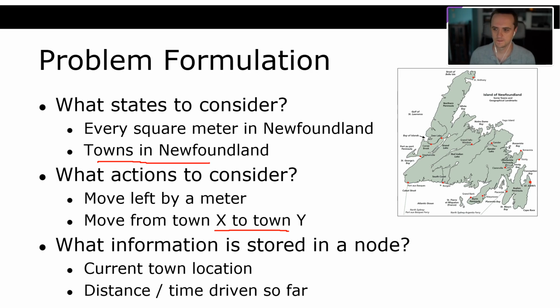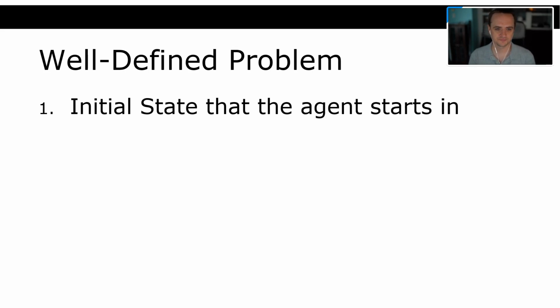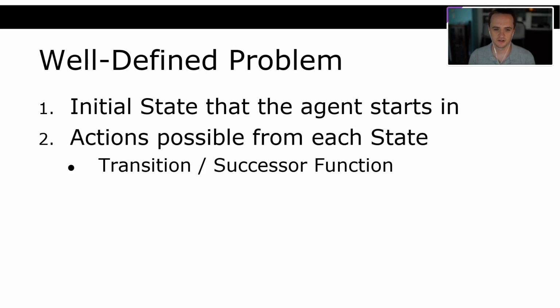All right. So, in a well-defined problem then, and this is a great exam question, I may tell you to define a problem very well for me. First, we need the initial state that the agent starts in. Second, we need the actions that are possible from each state. So this is, remember, the transition function or the successor function that we talked about last time.